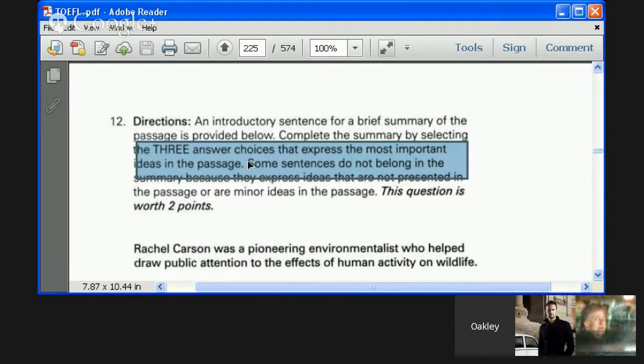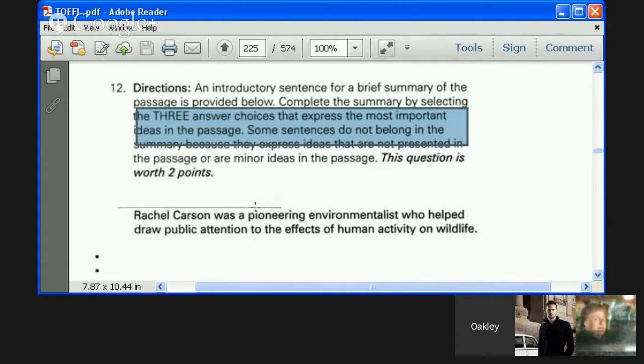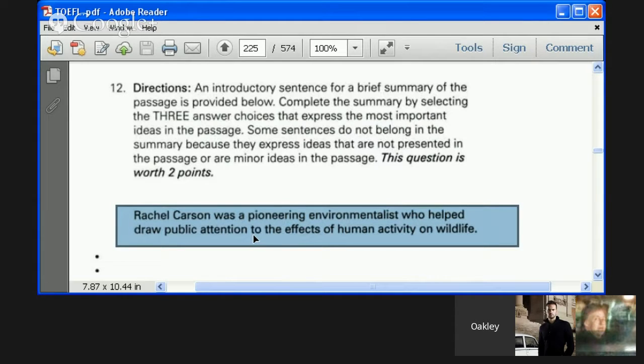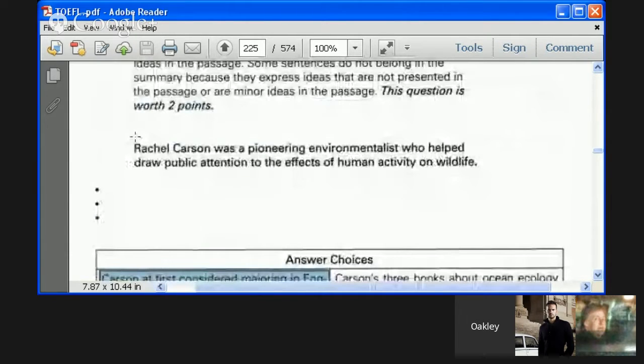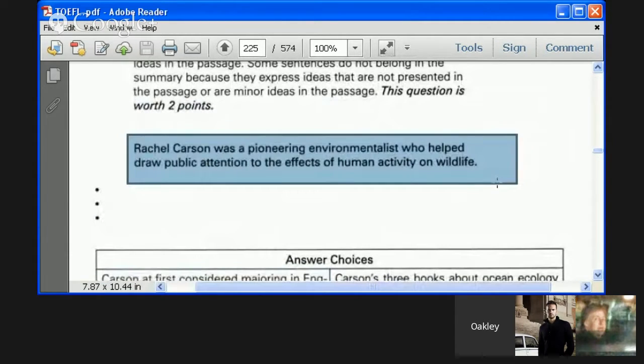No, you don't want to look at the entire passage. Plus, it's a waste of time. Instead, what you're going to do is look at this introductory sentence. Your answer choices down here below need to match perfectly the very basic ideas of this sentence.